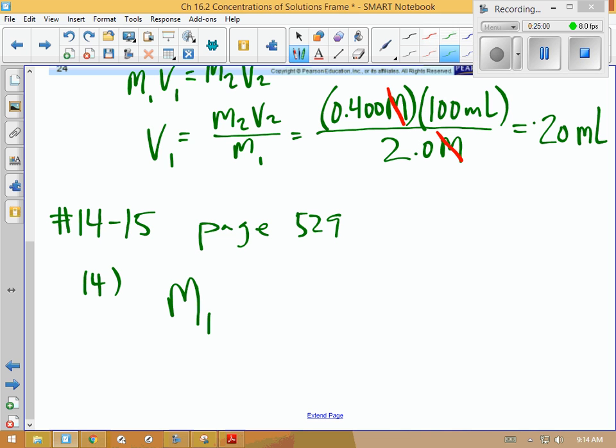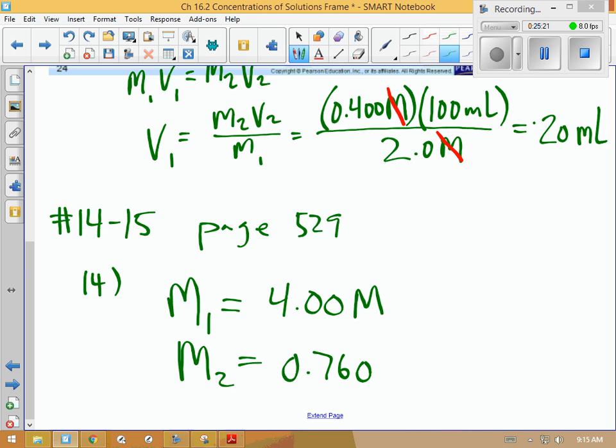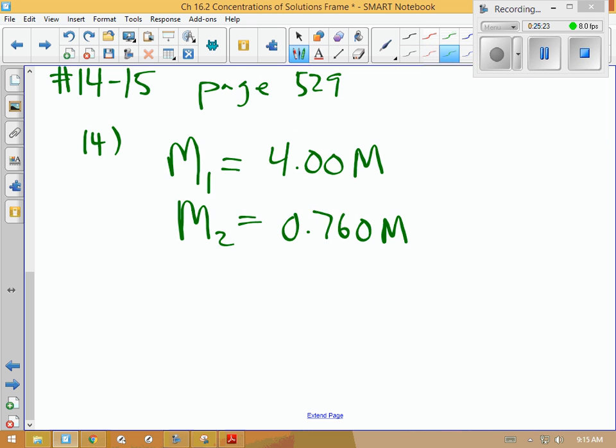Molarity 1 is 4 molar. Molarity 2, when you want to dilute, you want to get a 0.760 molar solution. And the final volume that you want is 250 milliliters.